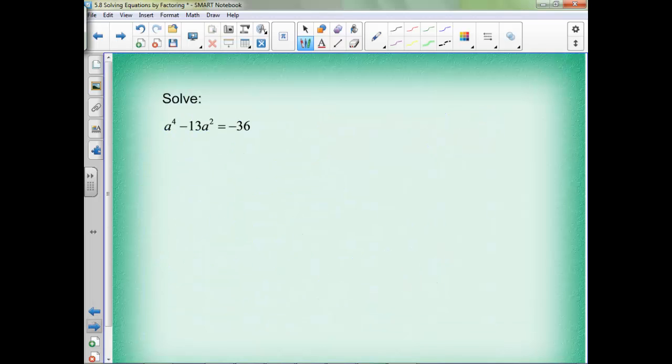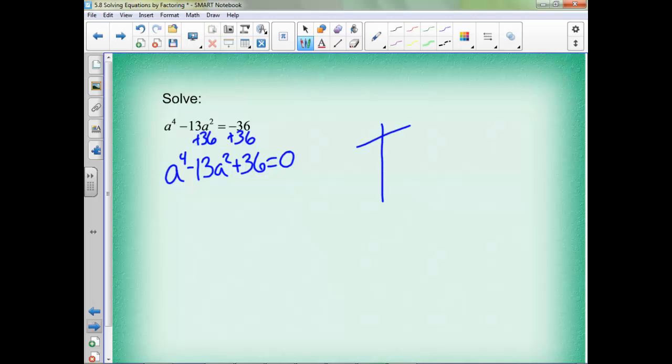Once again, notice we don't have it equal to 0, so let's add our 36 over. Okay, so we need to find 2 numbers that multiply to 36 and add to negative 13.